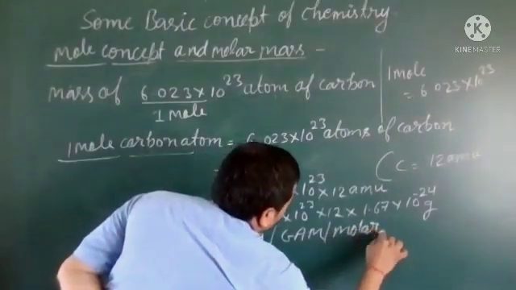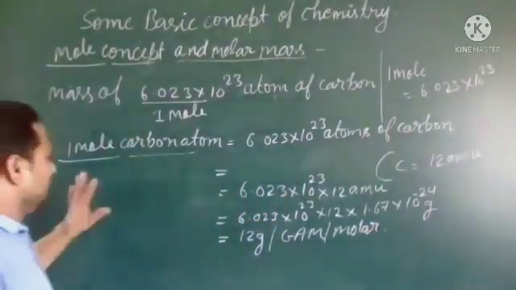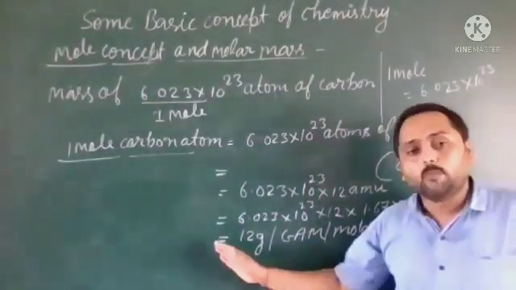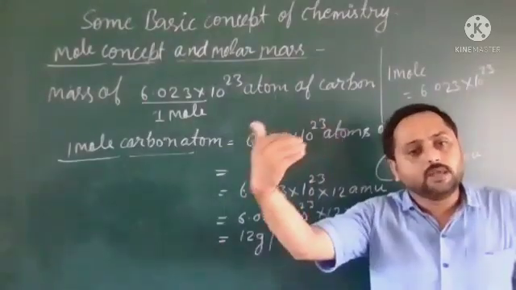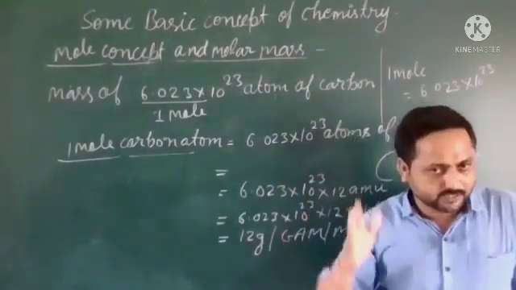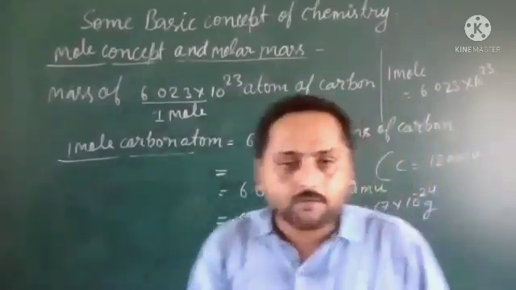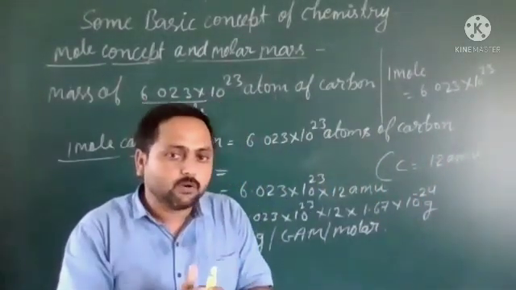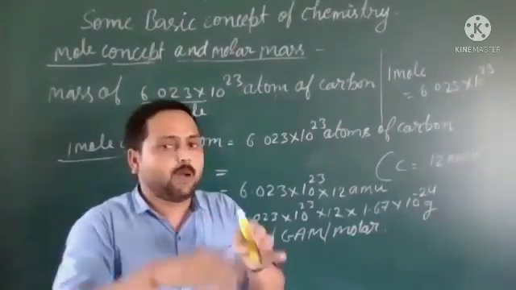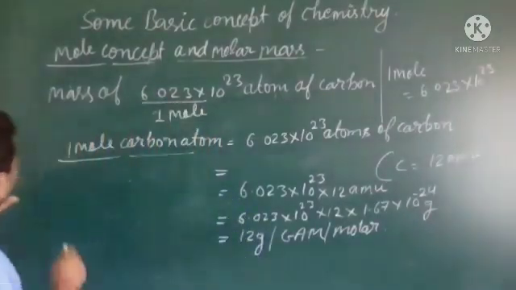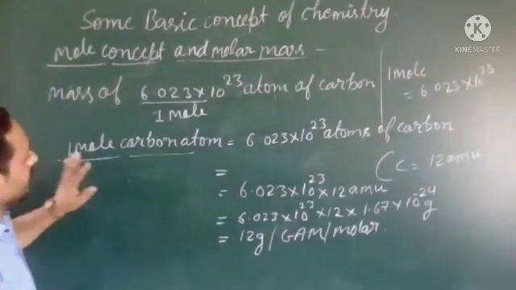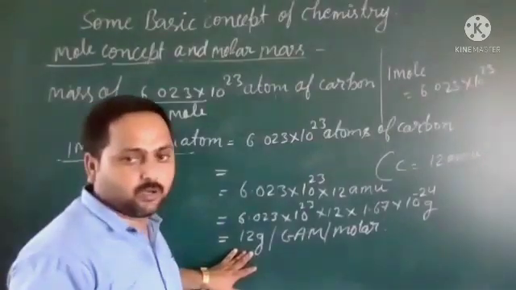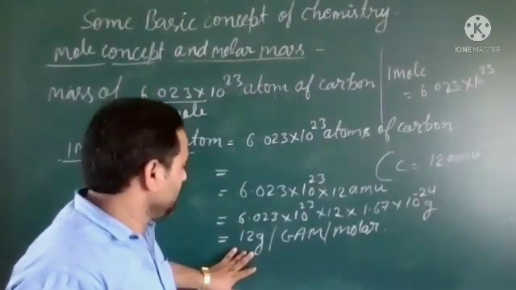The mass of 1 mole of any species is equal to the molar mass of the species. Here, molar mass means 1 mole carbon atom mass is equal to 12 grams.